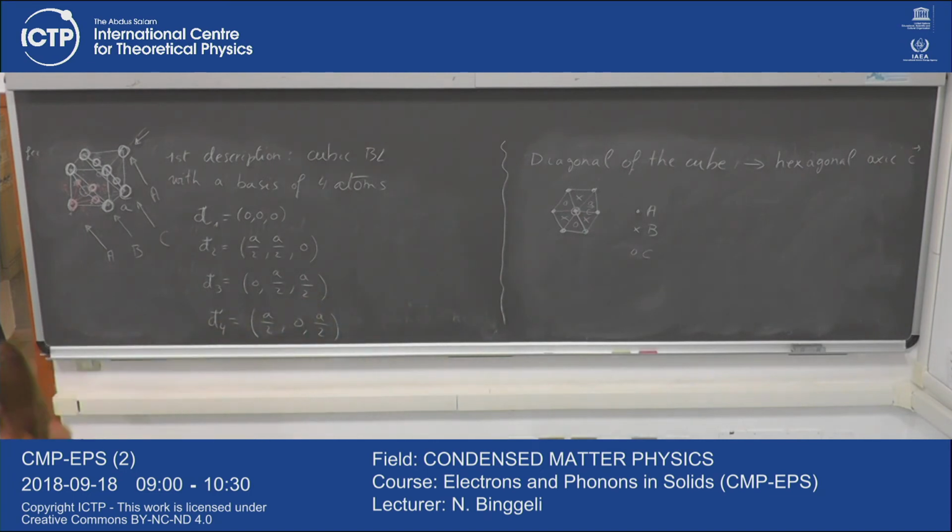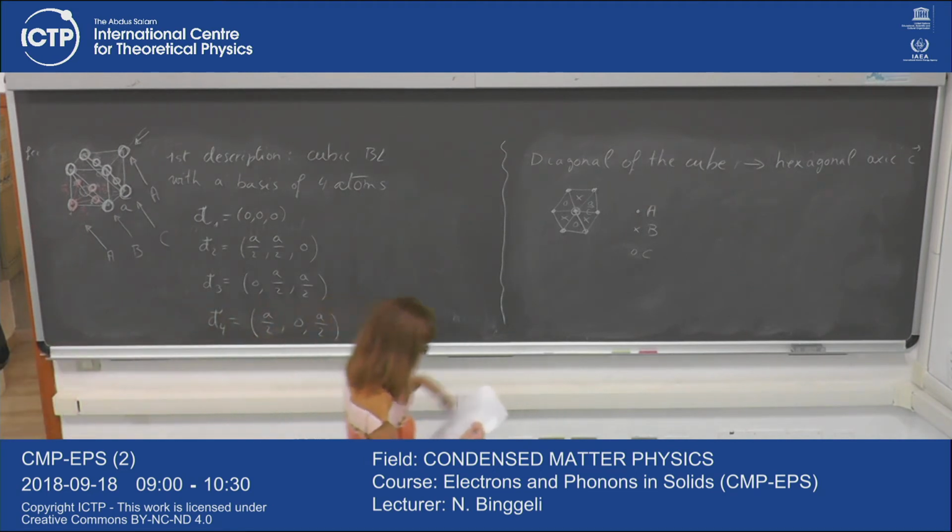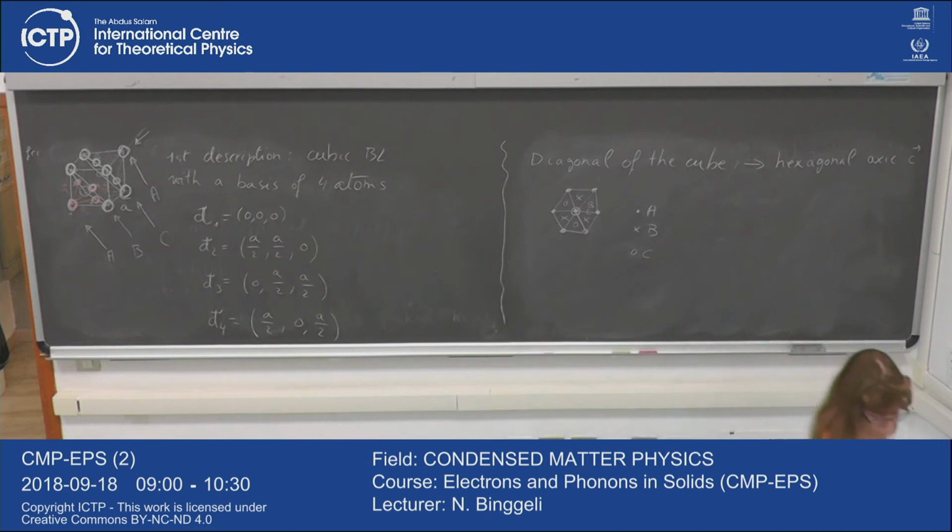That is what one would see from the diagonal of the cube for the projection of the atoms on the black box plane. Okay, this is just to tell you what the correspondence is.